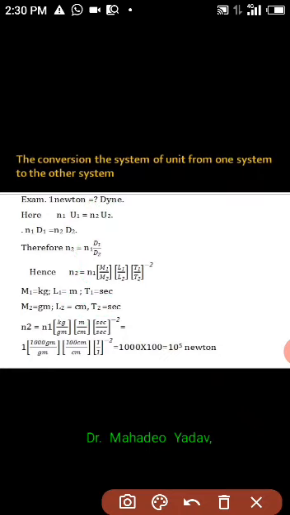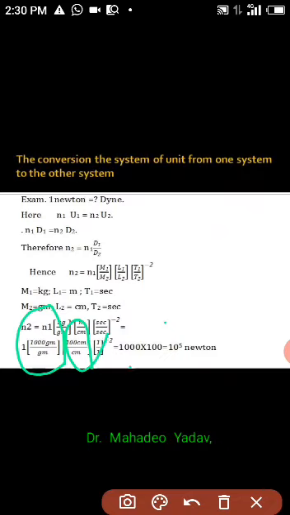Time remains the same in any system of unit. Now we put the values: in place of kg, 1000 gram, in place of meter, 100 centimeter, and second remains the same.